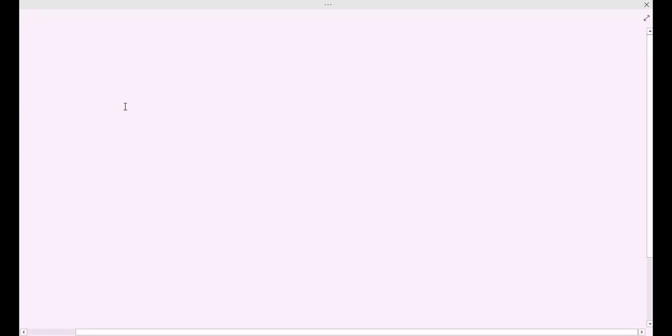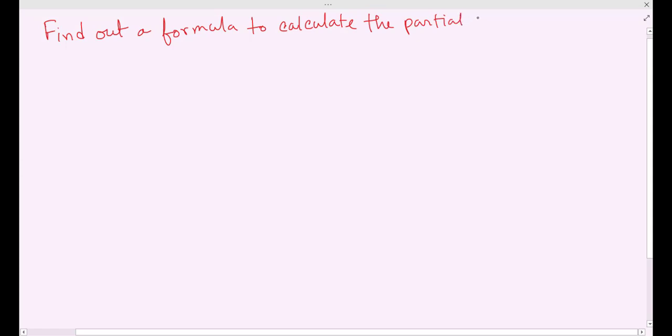So suppose you are given this problem: find a formula to calculate the partial sum of the following series.